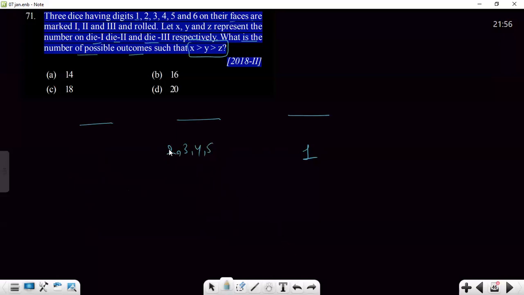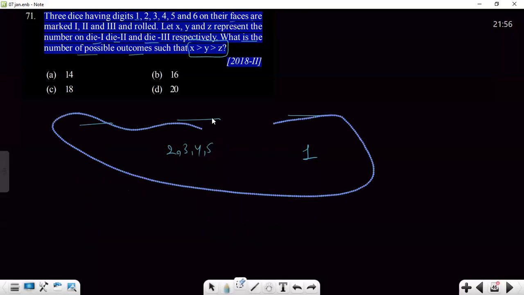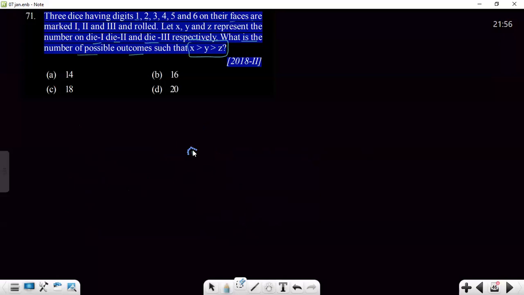Let us start from where. With 6 being here, how many numbers can be here? 5, 4, 3, 2, or 1.